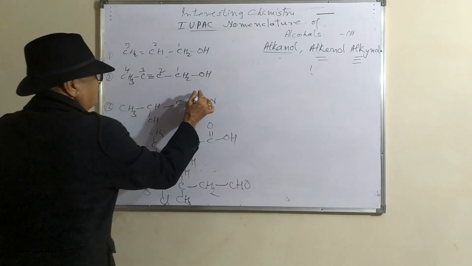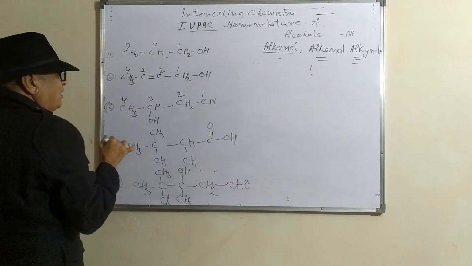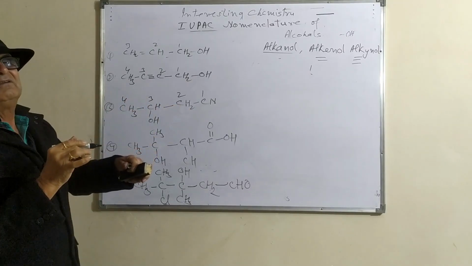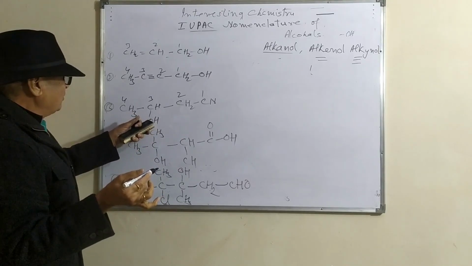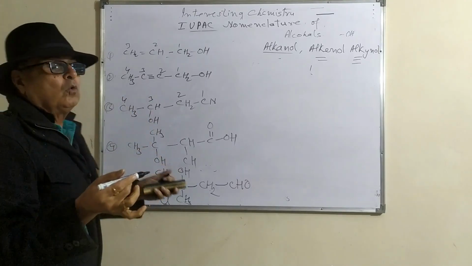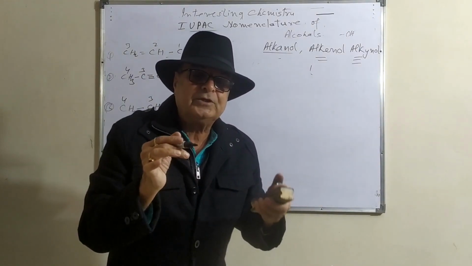So the name of this compound will be, 1, 2, 3, 4, butane nitrile, and again it has 3 hydroxy.